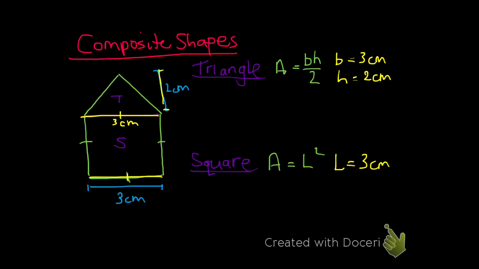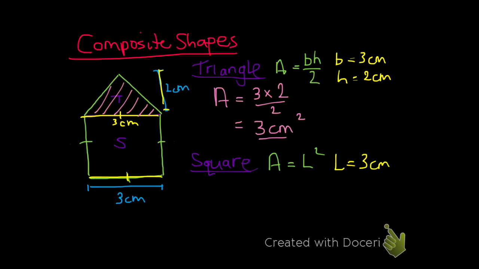So let's work out the area of my triangle first. If I substitute my value for B and H in, I get 3 times 2 over 2, and that gives me 3 times 2 is 6, 6 divided by 2, that's 3 centimeters squared. So the area of this triangle is 3 centimeters squared.